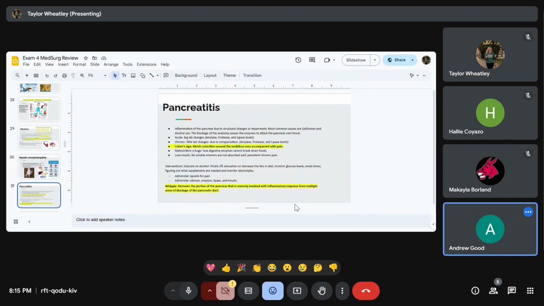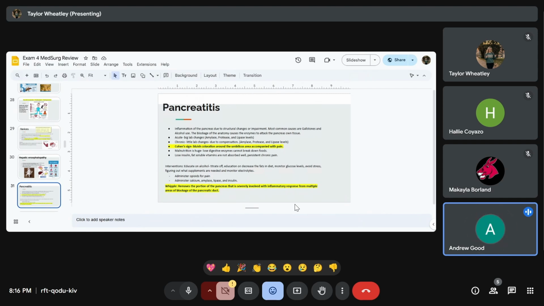Pancreatitis. It is inflammation of the pancreas. It is mainly due to a structural abnormality, or it is also due to alcoholism as well. A gallstone can get dislodged in one of the pancreatic ducts, leading to that obstruction, and so those pancreatic enzymes cannot leave the pancreas itself, causing those enzymes to do nothing but break down the pancreas.